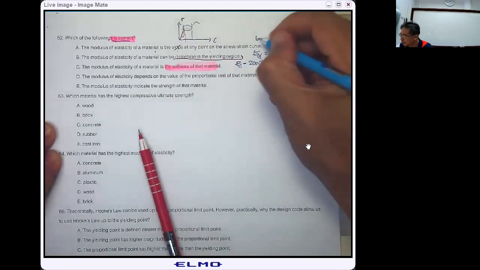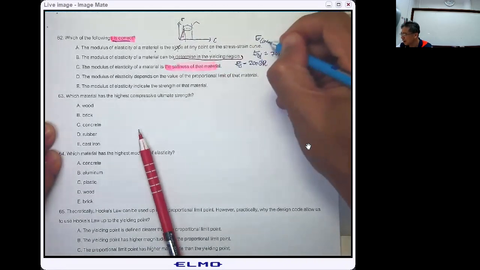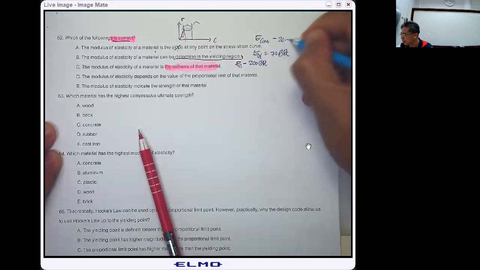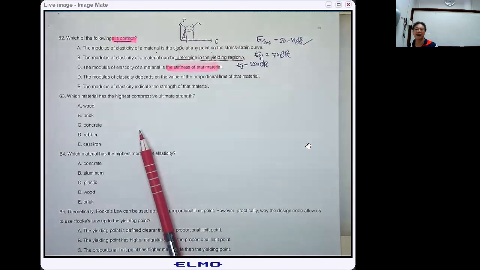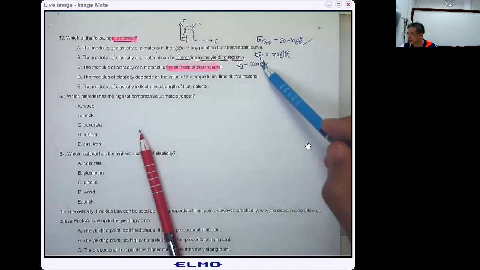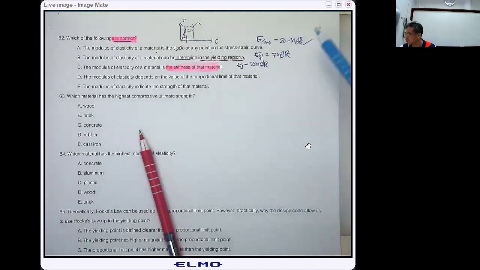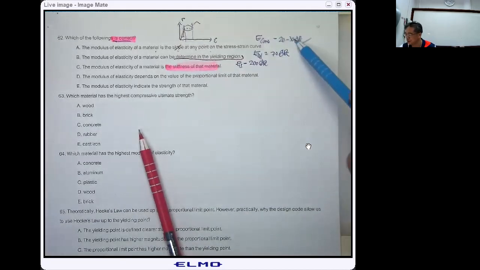And then you have the E for the concrete, that is maybe 20 to 30 gigapascal. And I can ask you again, which material is going to have the largest stiffness? Or you may answer this is going to be the largest stiffness. If you have the smallest one, this is the smallest one.